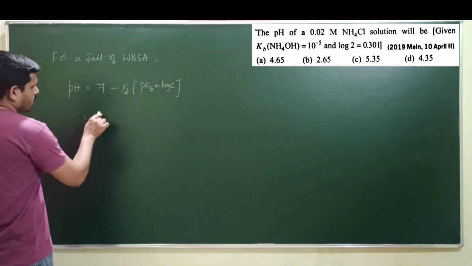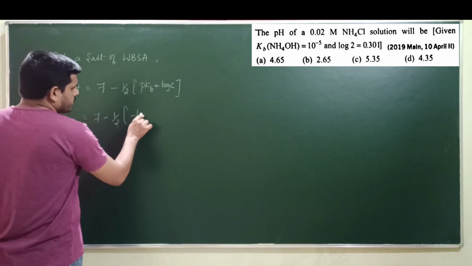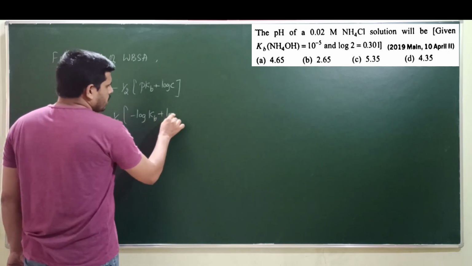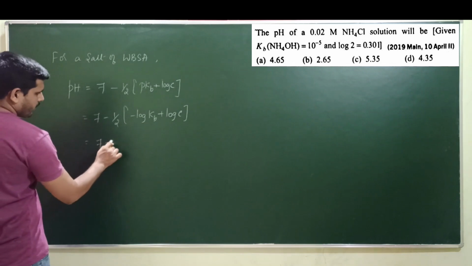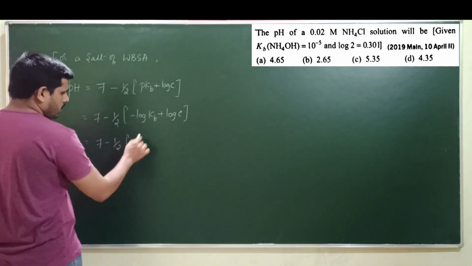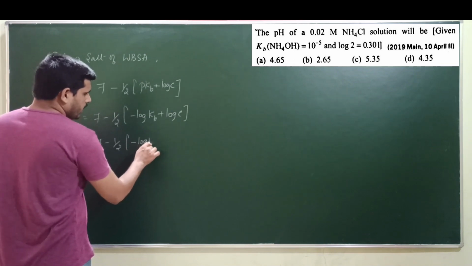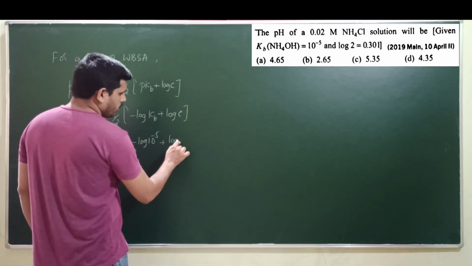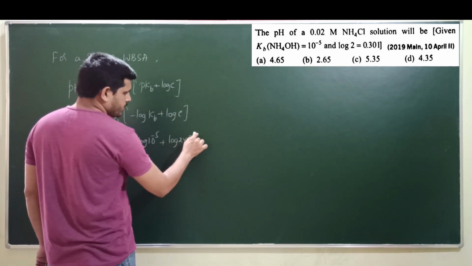So let us substitute: 7 minus 1 by 2 into minus log of Kb, plus log of C. So I'll write this as 7 minus 1 by 2 into minus log of 10 to the power minus 5, substituting, plus log of 0.02, which I'll write as 2 into 10 to the power of minus 2.